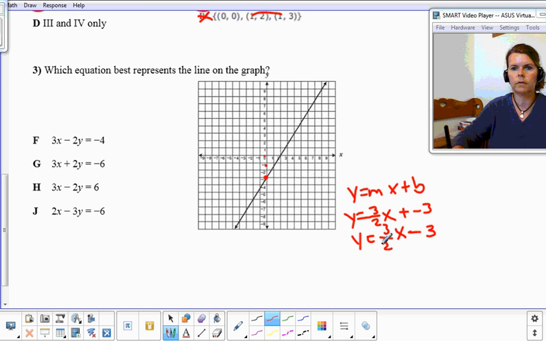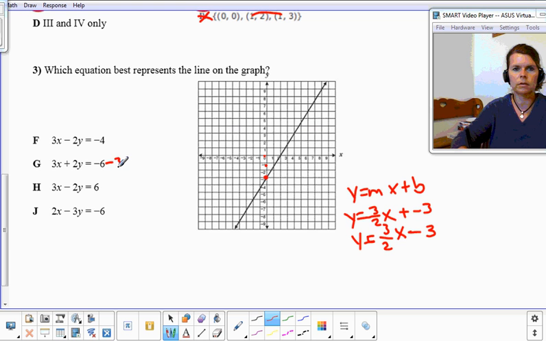Either one of these are correct. Okay, so we've got to figure out which one of these would be equivalent to that. Well, I see this 4. If I divide it by 2, that's probably not going to be it because of this 4. How about the 6, the 2, and the 3? Well, possibly. Let's look real quick.